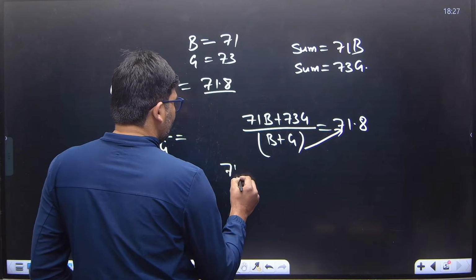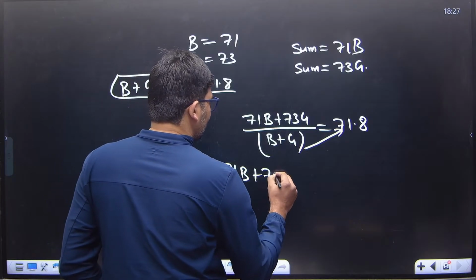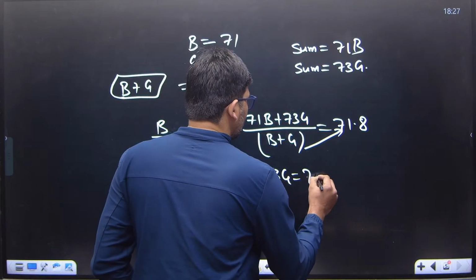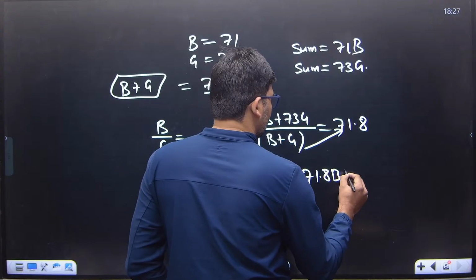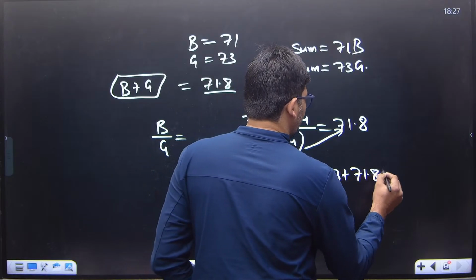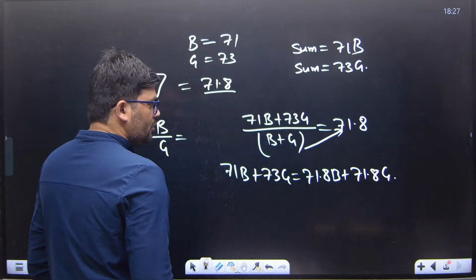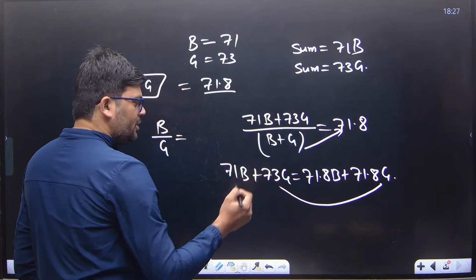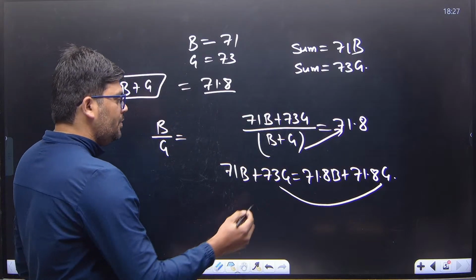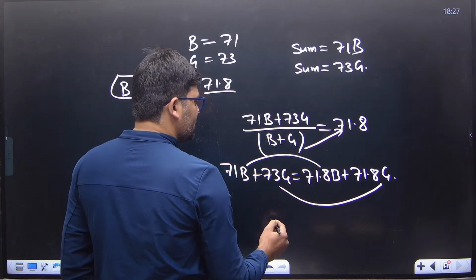So 71B plus 73G is equal to 71.8B plus 71.8G. G is more, so you will take G on this side, and B is more there, so you will take B on that side.